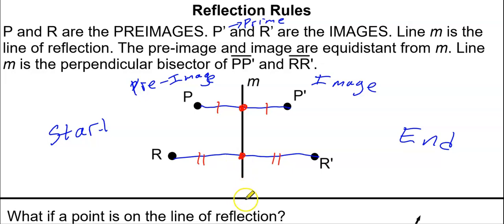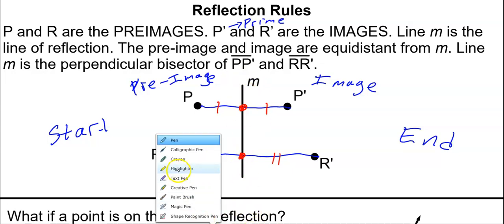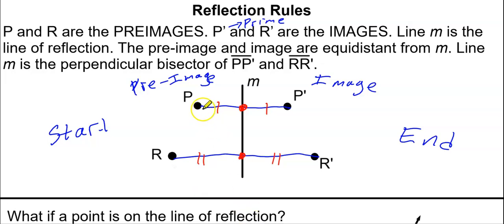The line of reflection intersects the midpoints of those two segments. So these two segments are the same, and these two segments are the same.